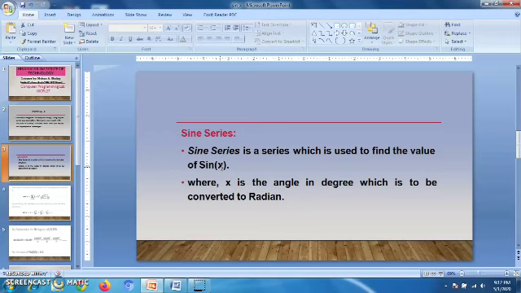So in this program we read the angle in degrees and convert it into radians, so that the value can be used for sin of x. Just remember, whenever we use Taylor series approximation or sin series for calculating sin of x, the angle x should be in radians.